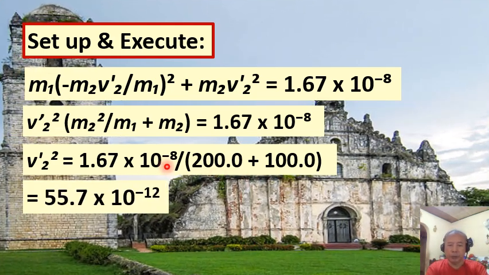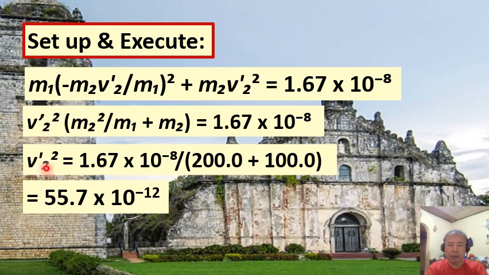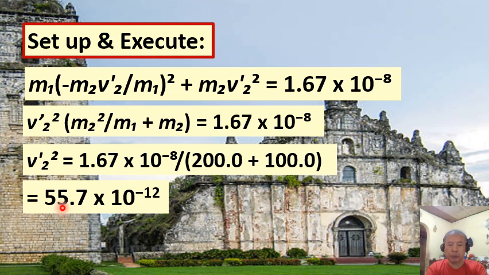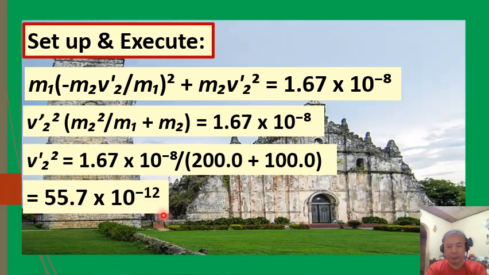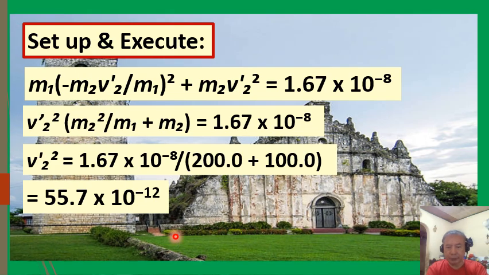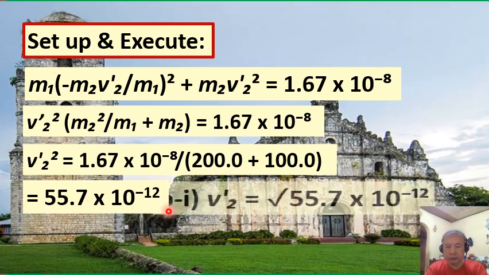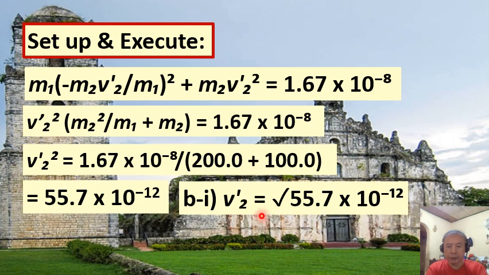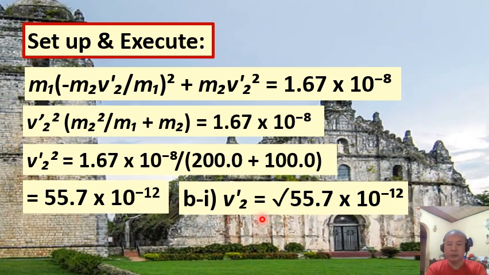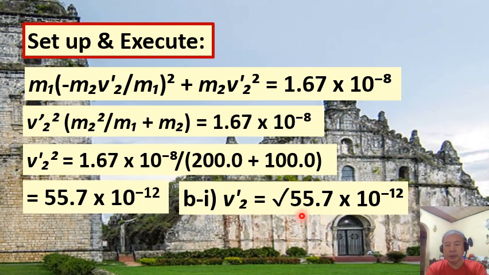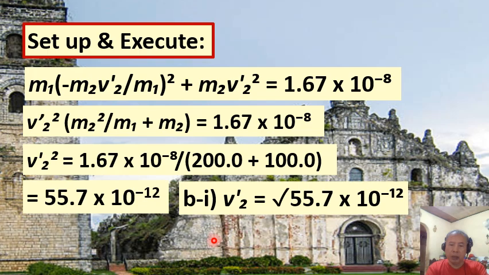Simplifying again, we get b prime 2 squared equal to 55.7 times 10 to the negative 12. Getting the square root of 55.7 times 10 to the negative 12 becomes the value of b prime 2.